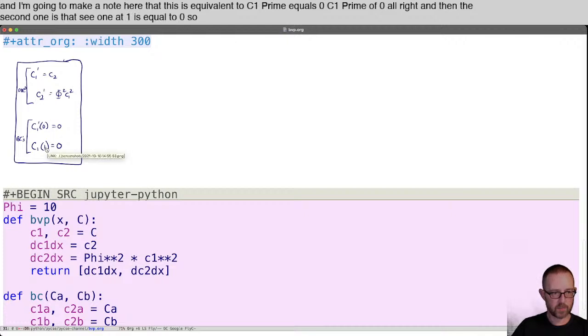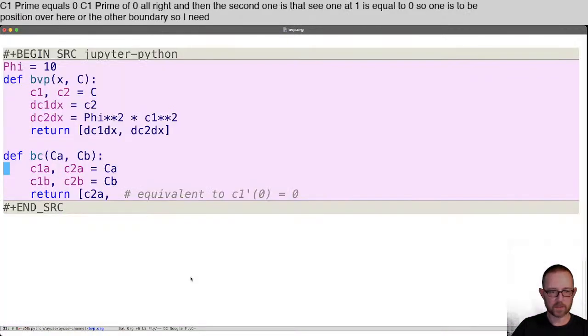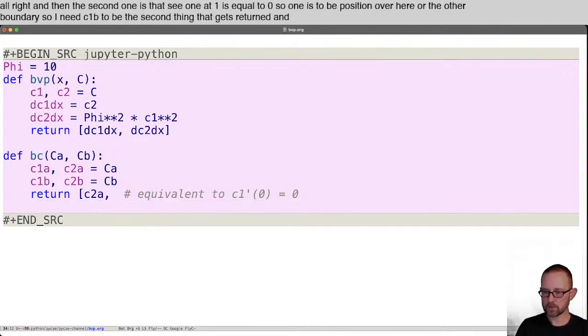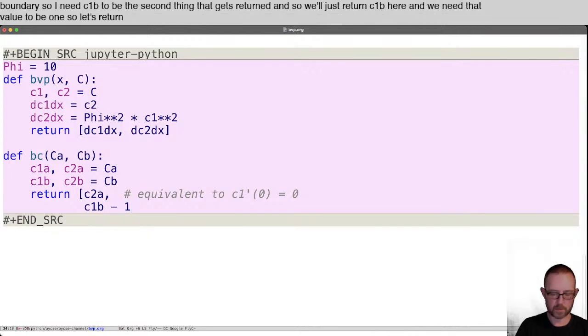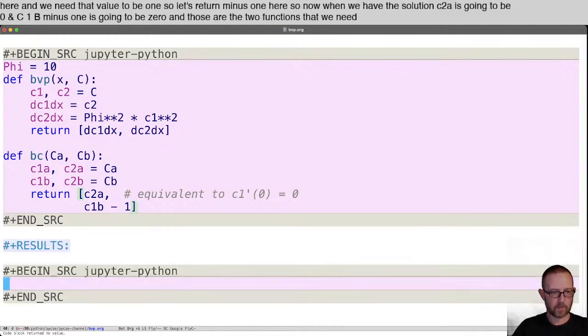So 1 is the B position over here, or the other boundary, so I need C1B to be the second thing that gets returned, and so we'll just return C1B here, and we need that value to be 1, so let's return minus 1 here. So now when we have the solution, C2A is going to be 0, and C1B minus 1 is going to be 0, and those are the two functions that we need for that.